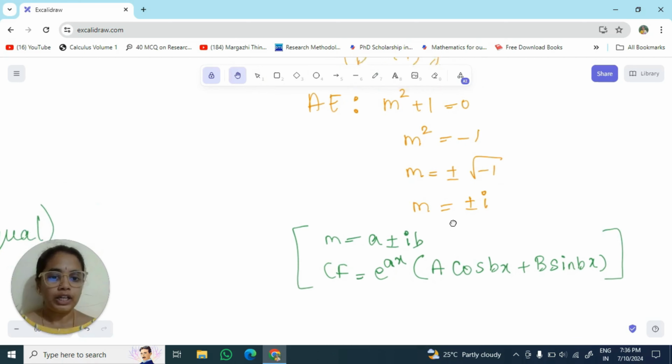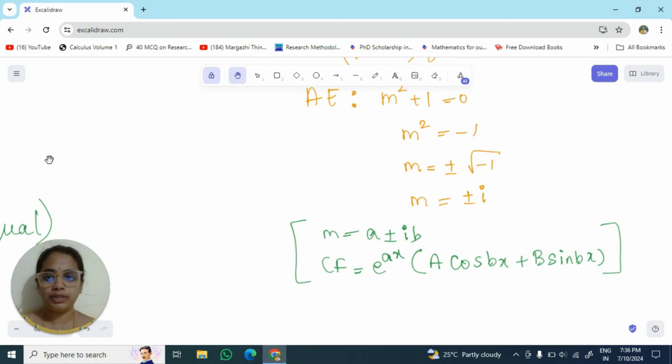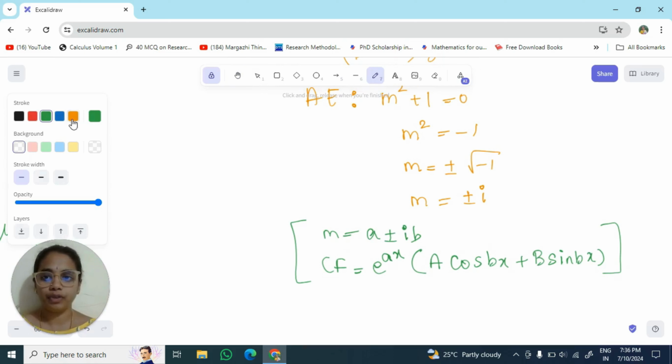Okay, now clearly the real term is 0, right? This we can write as 0 plus or minus i, 1 into i, right? So the value of b is clearly 1 over here.